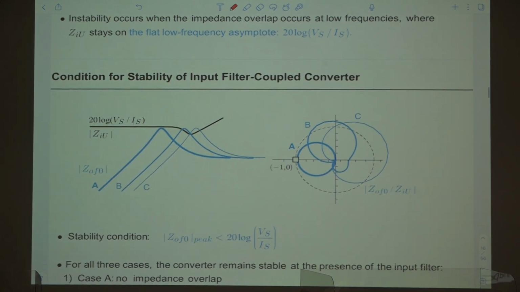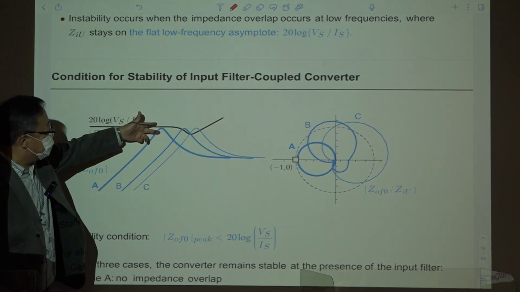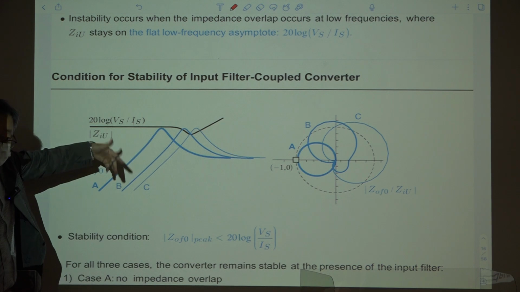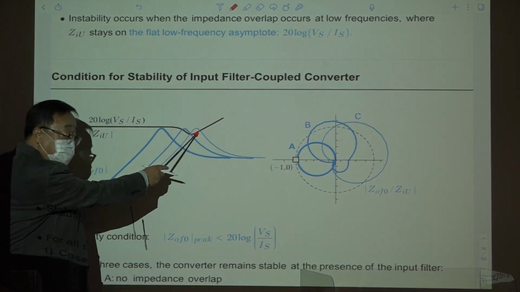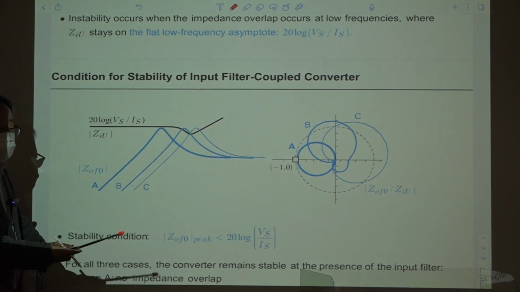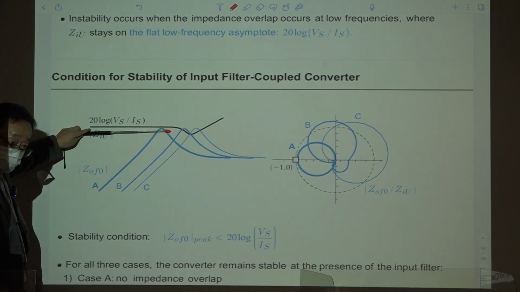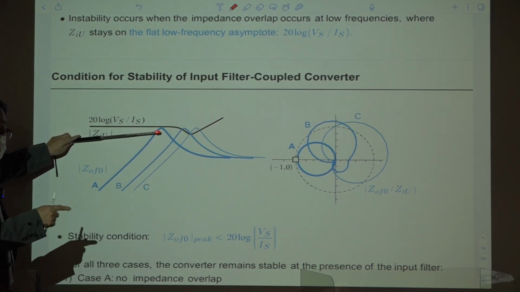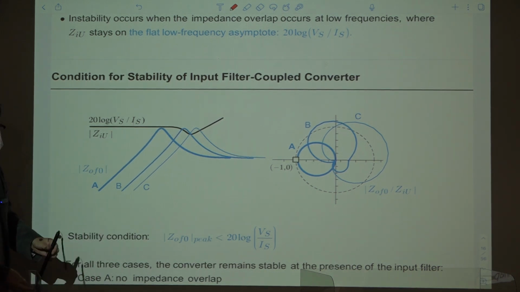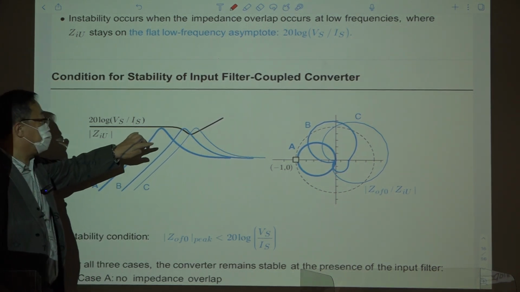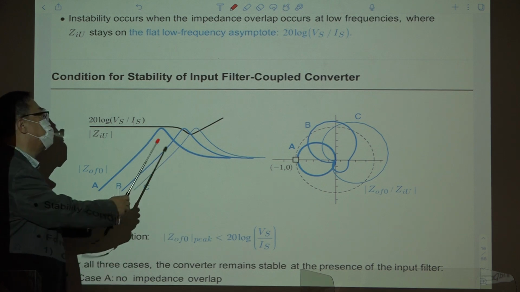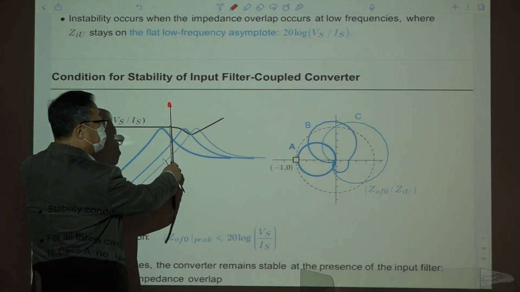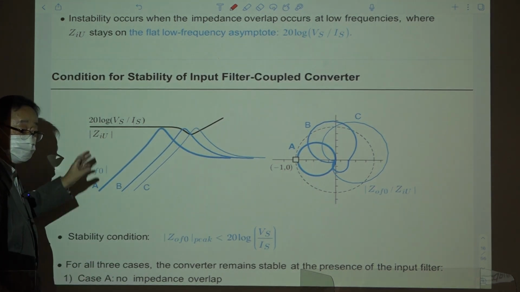So for case A, there is a small gap, right? So the integrated converter is stable. It overlaps here, but the phase characteristic of this GIU is different from the minus 180 degree, so there is a good chance that the converter still remains stable even though they overlap. If overlap occurs in this region, definitely the converter becomes unstable.